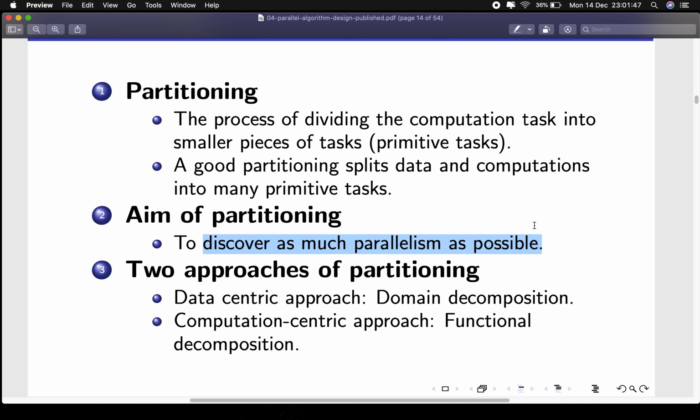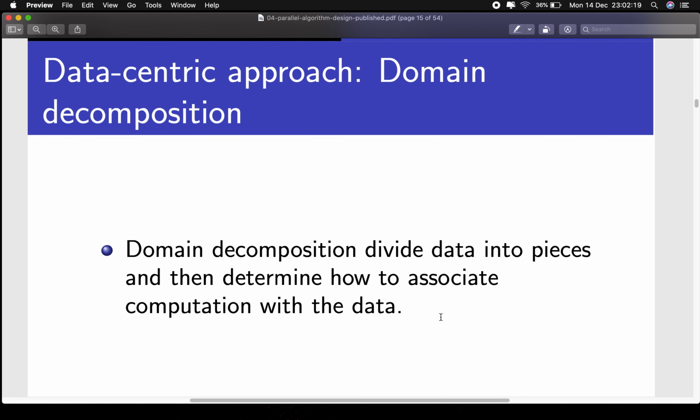And then there are two approaches of partitioning. Under this first method there is also another approach. You can use two possibilities: first is the data-centric approach, another one is the computation-centric approach.